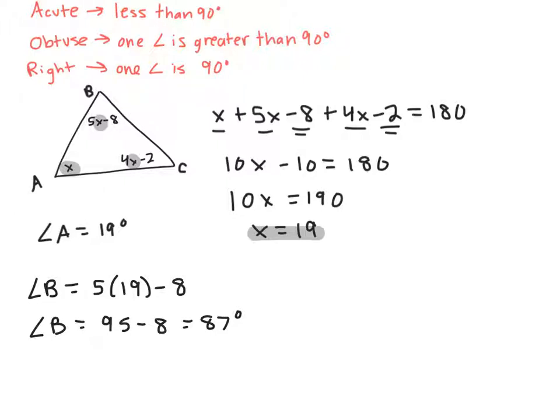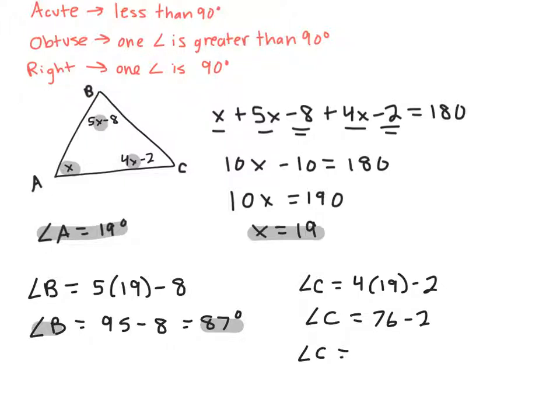So now we know angle A, we know angle B. Now let's find angle C. So angle C is 4 times 19 minus 2. So we get 76 minus 2, so angle C is 74 degrees.